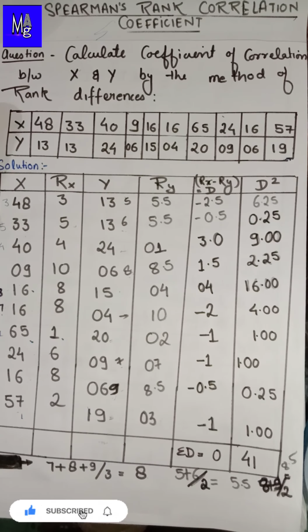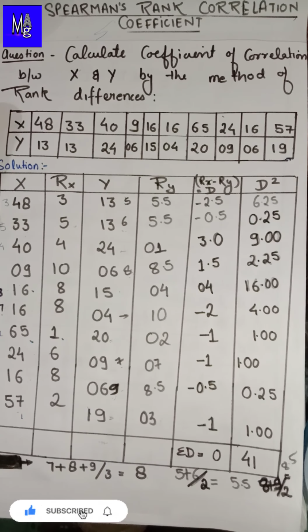So it should be given ranks after that. 6 is our last rank, then 7th, 8th and 9th. To distribute the ranks equally, you take the average of 7, 8 and 9, and the average comes as 8. And 8 should be assigned to these three numbers. So 8 is here, 8 is here, 8 is here.